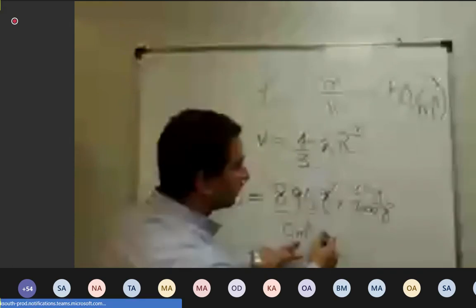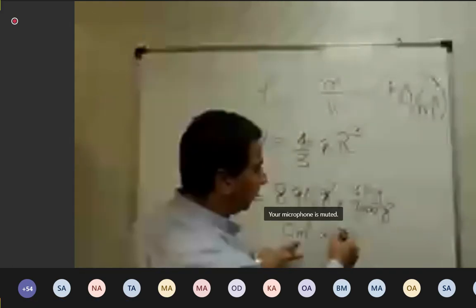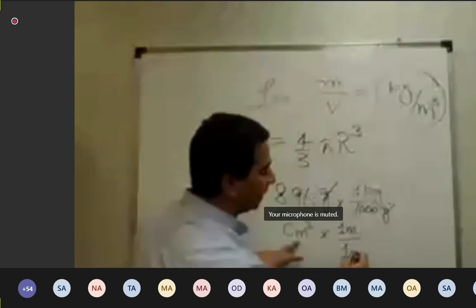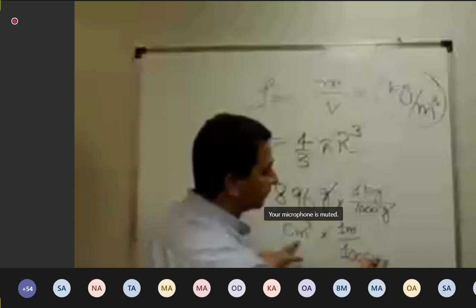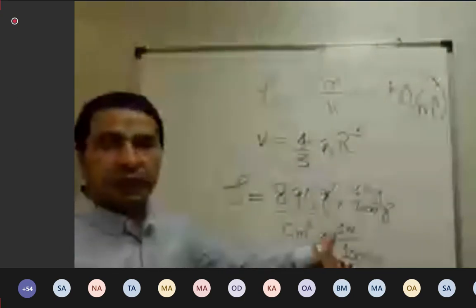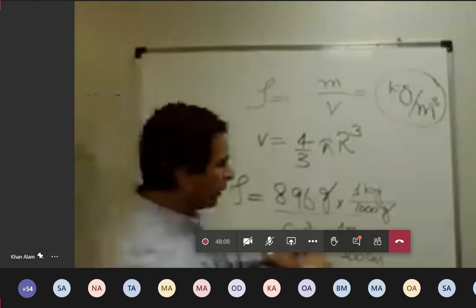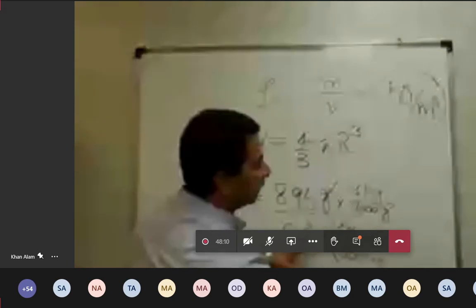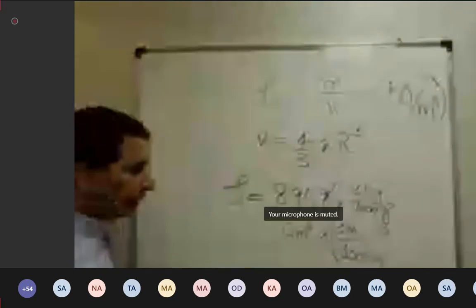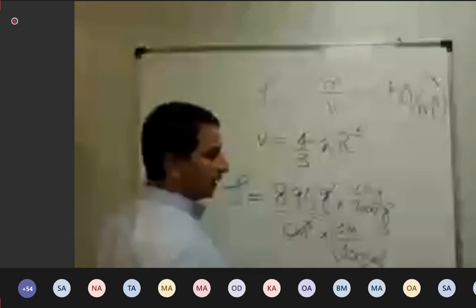For the centimeter cube, I know that in 1 meter there are 100 centimeter. When you put this conversion factor, make sure that you use the same power for the unit. Since there is power 3, I should be using power 3 like this. So this centimeter cube cancels out.